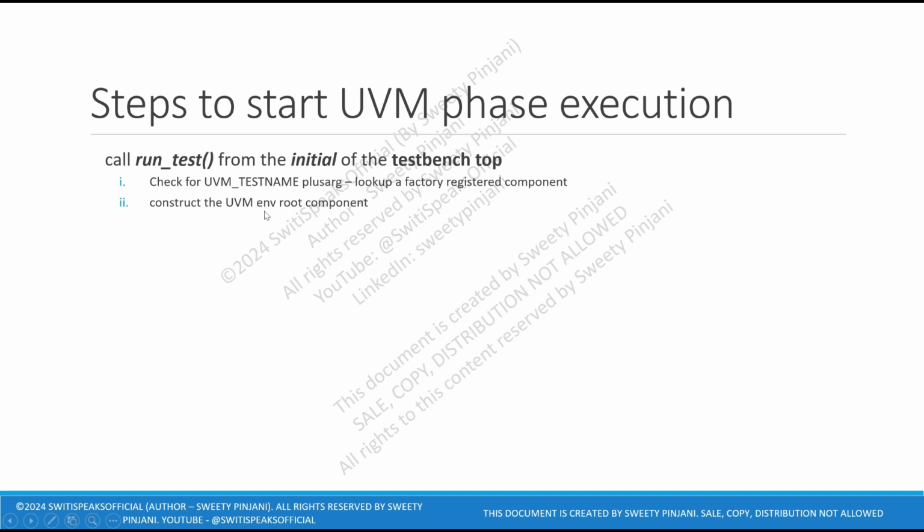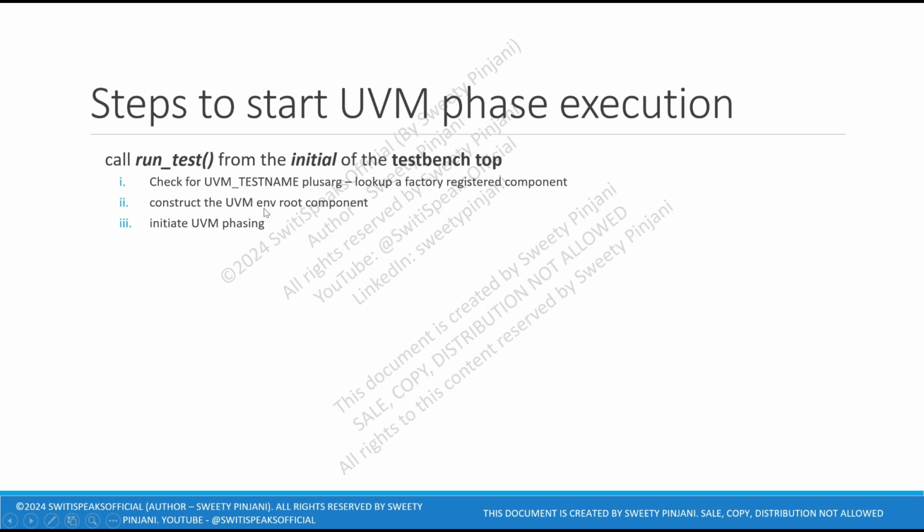Then it will construct the UVM environment. After that, it will initiate the UVM phasing. Simple steps, we will call the run test from where? From the initial block in the test bench top. What will it do? This run test itself is going to do all these three things. First, whatever test name is provided in the plus args, it will look up for that in the factory.